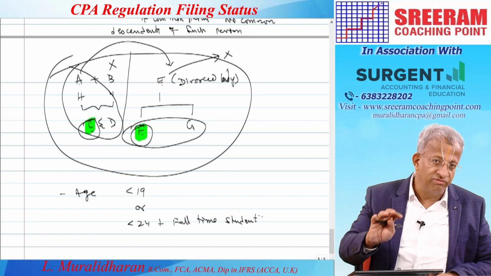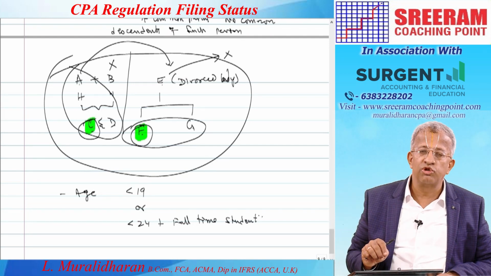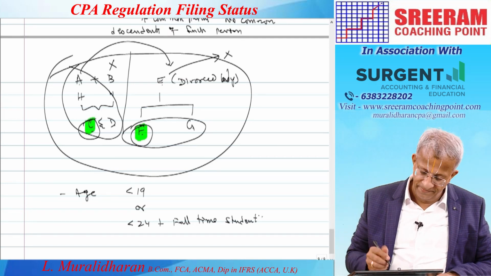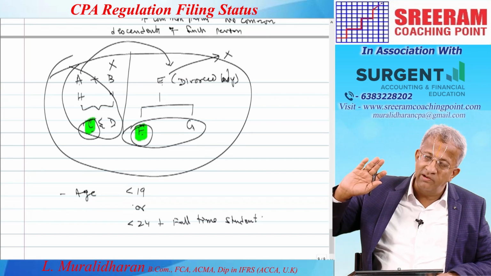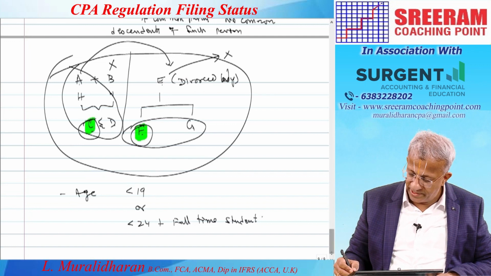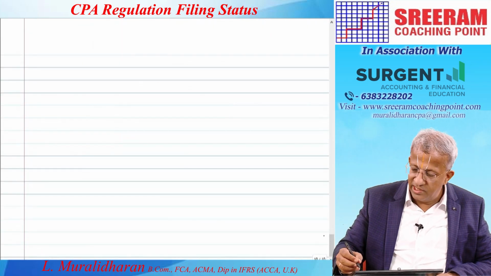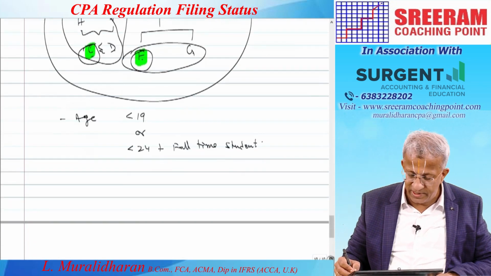So, you should have a qualifying child; the child should be under the age of 19 or under the age of 24 and where he or she is a full-time student. All the conditions are to be satisfied. So, please be careful with that.